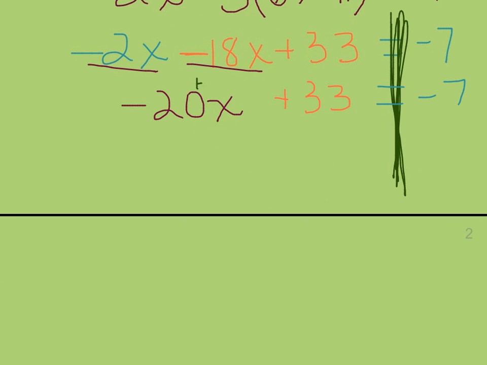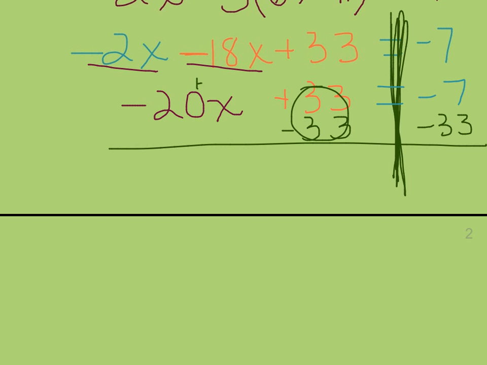And now here's where we can do something to both sides. We can subtract 33 from both sides. So that will cancel out, and we have negative 20x, still that comes down, negative 20x, equals negative 7 minus 33 is the same as negative 7 plus negative 33. They're going to join together to make negative 40.